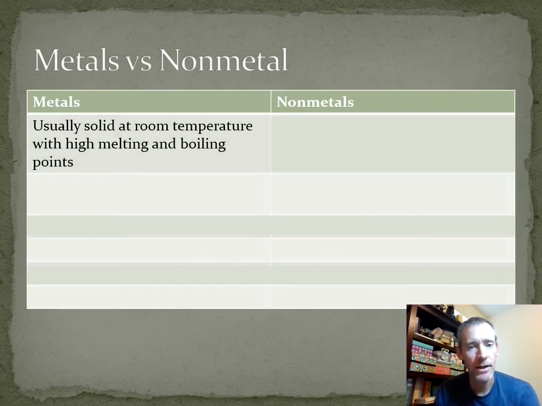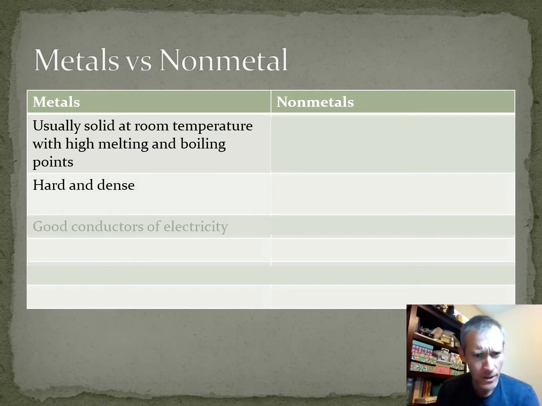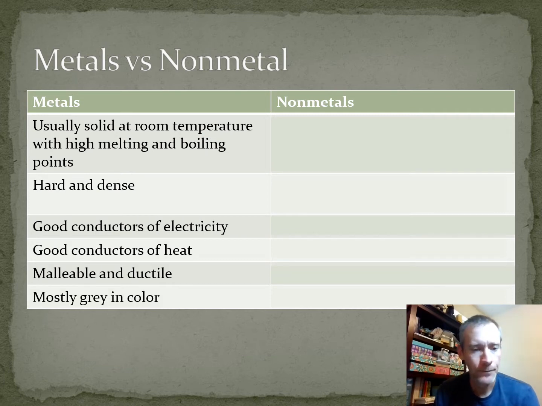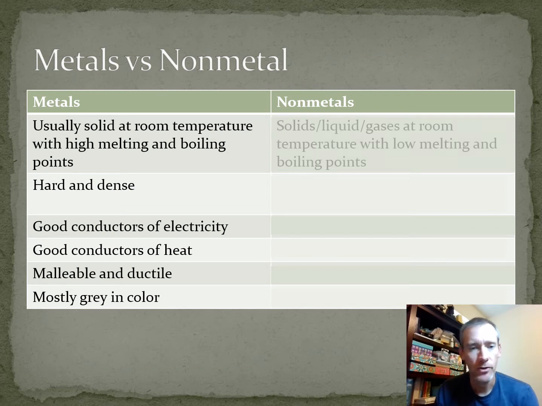So usually solid at room temperature, hard and dense, good conductors of electricity. They are good conductors of heat. Malleable and ductile, which means they can be shaped and drawn into wire. And they're mostly gray in color. So solid, dense, hard, good conductors of heat and electricity. They can be shaped and gray.